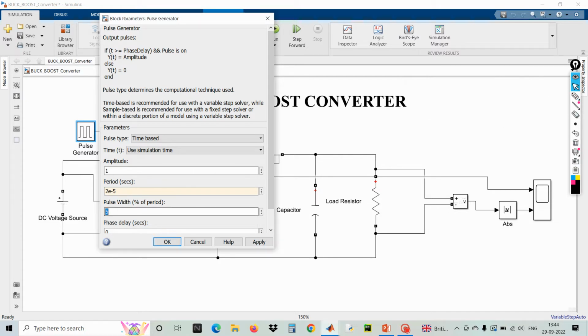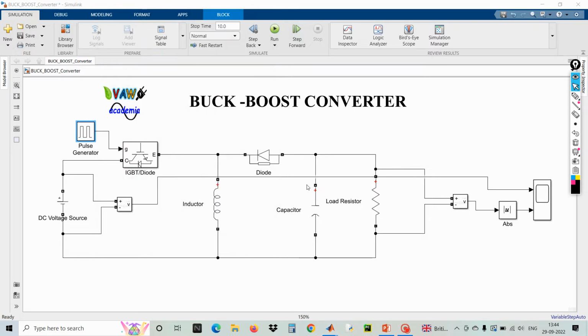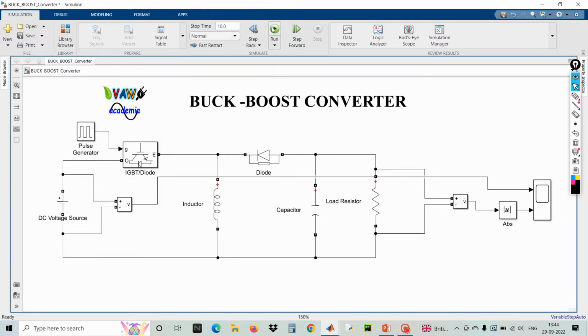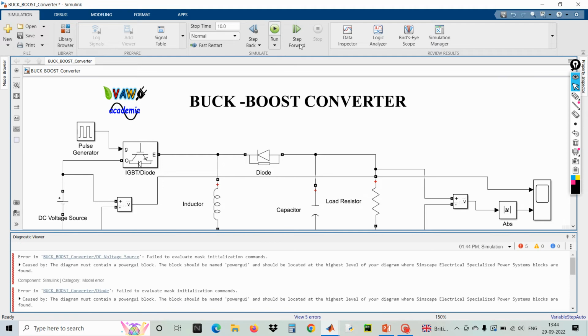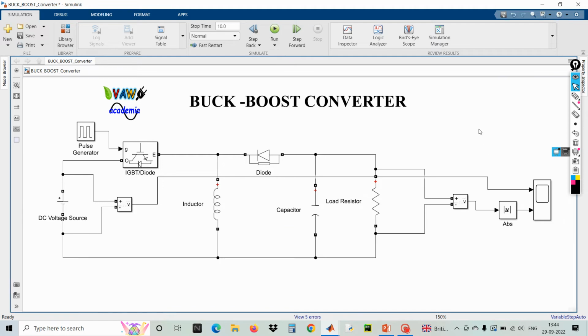As of now, I'm going to consider my pulse width as 70%. That means D is greater than 50%. Definitely this circuit will work in boost mode. Now the pulse width is 70%. Keep it in mind. I'm applying it. Once you run the program, I need a powergui.